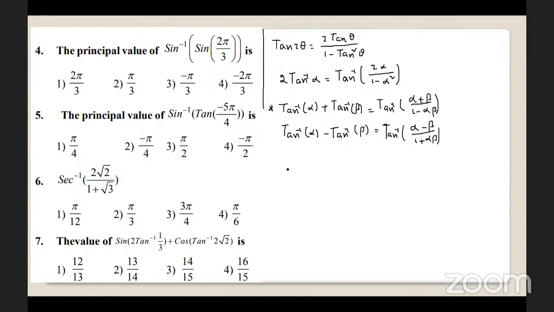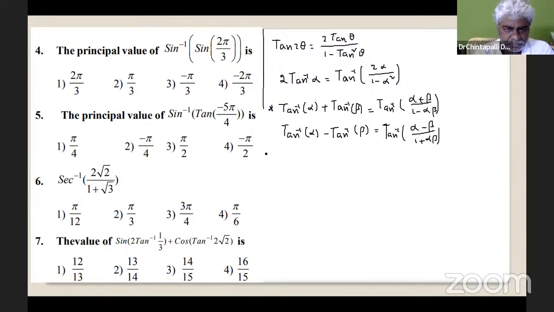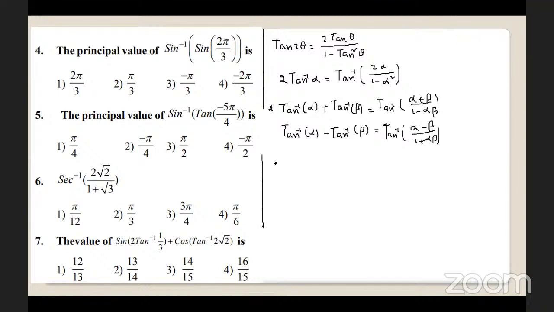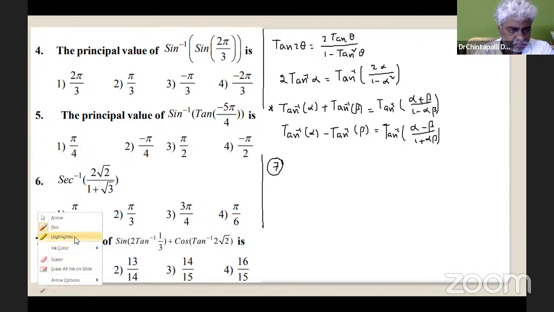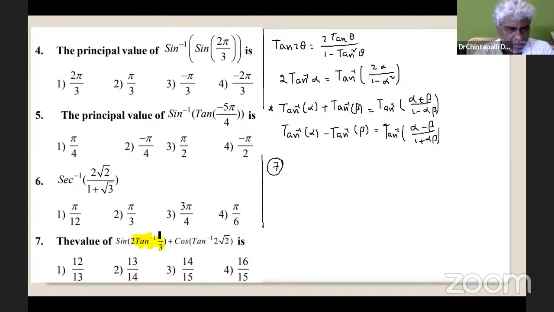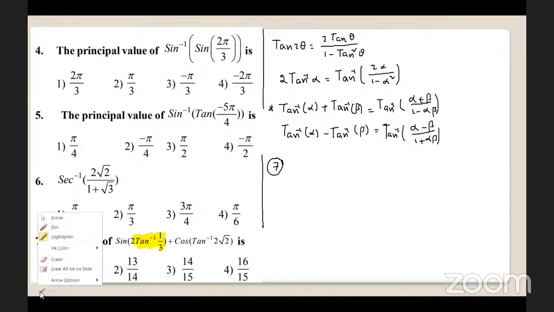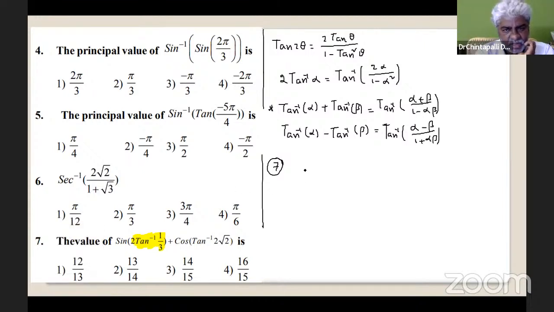Let's start solving the seventh question. The value of sine of 2 tan inverse 1 by 3 plus cos of tan inverse 2 root 2. You have to simplify this. Which formula is used to simplify it? 2 tan inverse, so the second formula. Simplify it; the remaining terms are as usual.